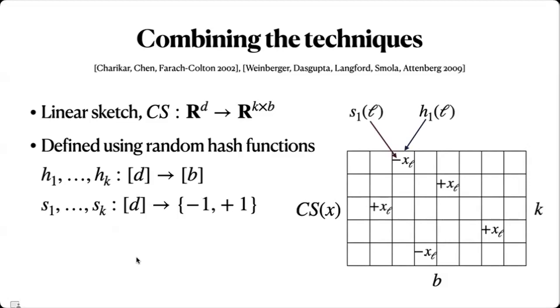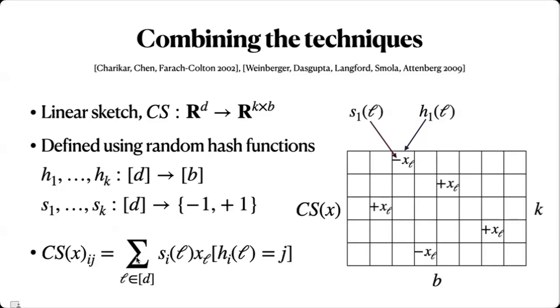So in the first row, we use one hash function h1 to decide where we store information about entry l, and we use another hash function s1 of l to decide whether we store it with a sign of +1 or -1, and similarly for every row. So we basically have k hash functions for determining positions, and k hash functions for determining signs for each possible item out of these d items.